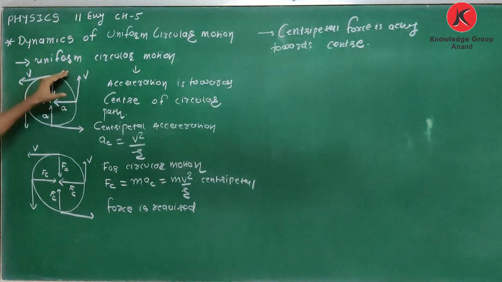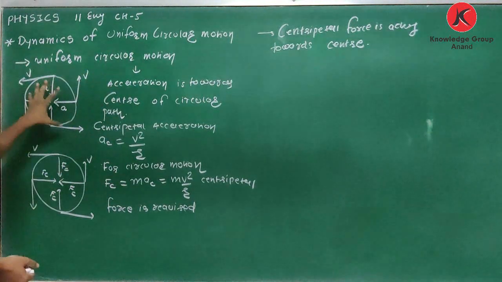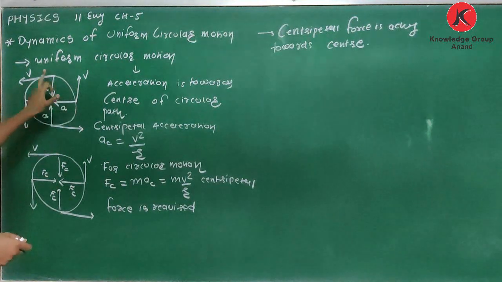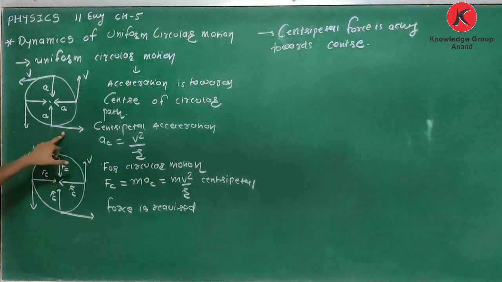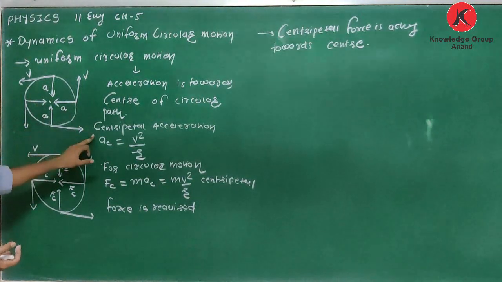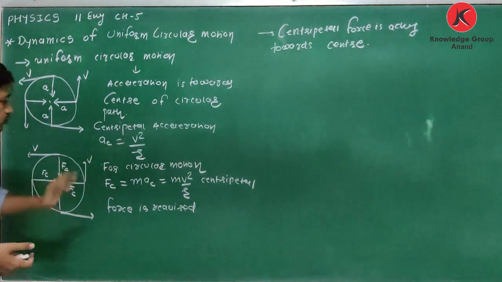Again, uniform circular motion. We know that at each and every point speed is constant but velocity changes. Change in velocity means accelerated motion, acceleration is towards the center, centripetal acceleration is equal to v squared upon r.